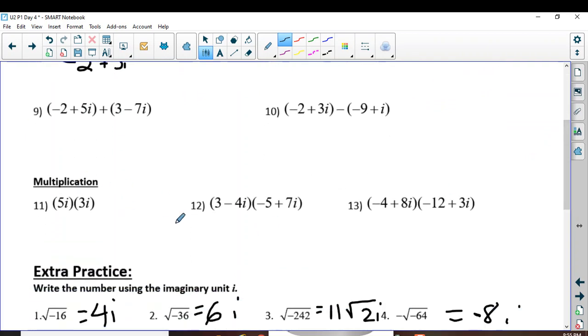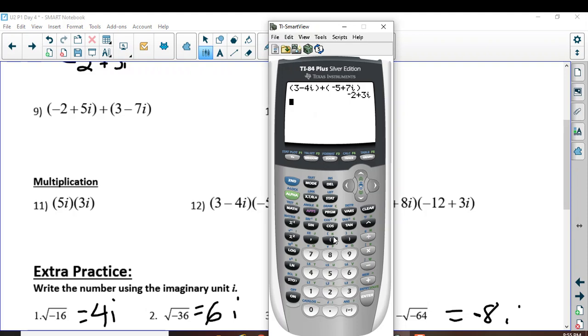Here I'm multiplying, so I'm just going to type it in just like it is, right? The 5i times 3i.